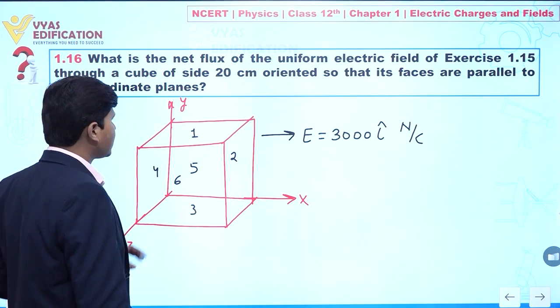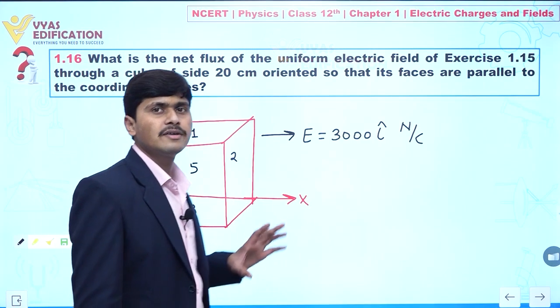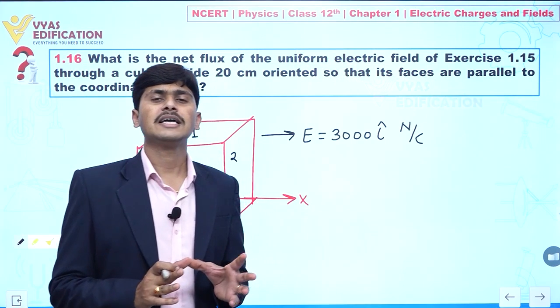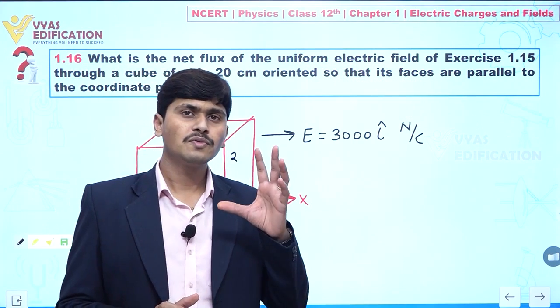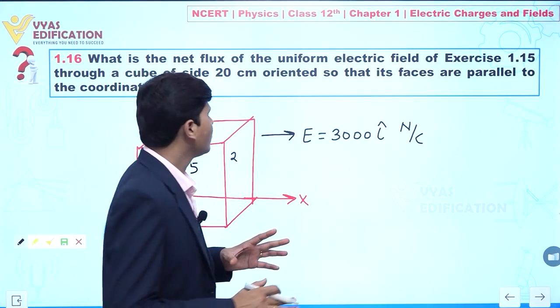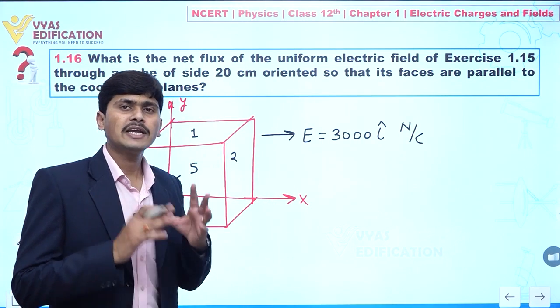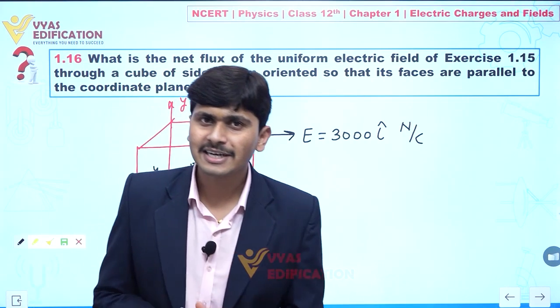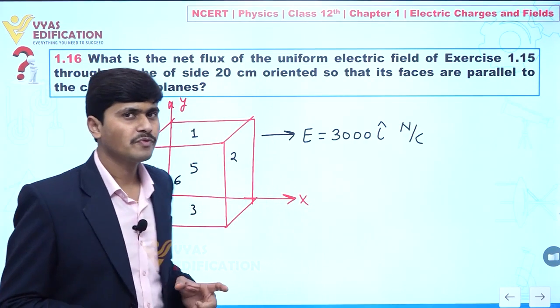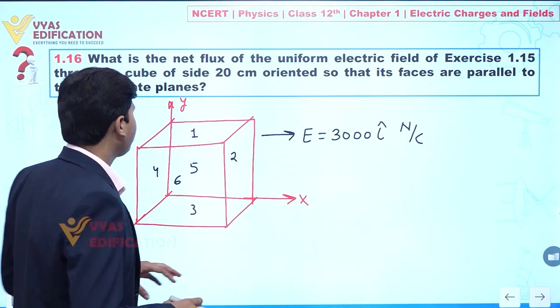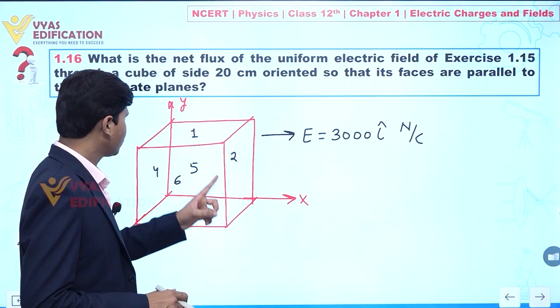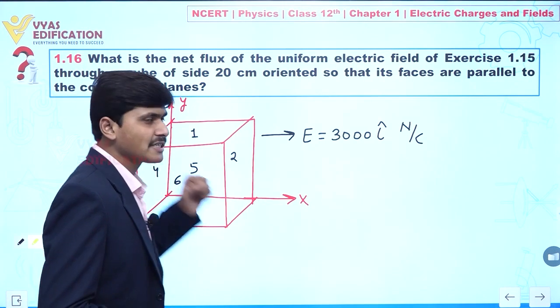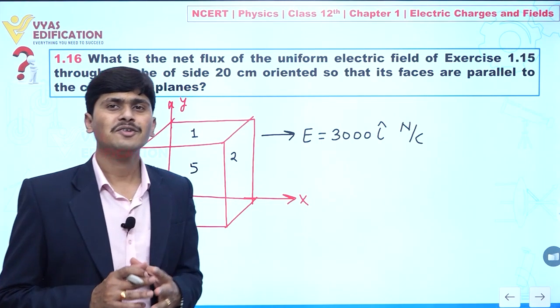Now we can see we always find flux through a surface that is perpendicular to the electric field lines, or we can say whenever the angle between the area vector and electric field is equal to 0, we always find flux. And if we discuss faces 1, 3, 5 and 6, the area vector is perpendicular to the electric field lines.